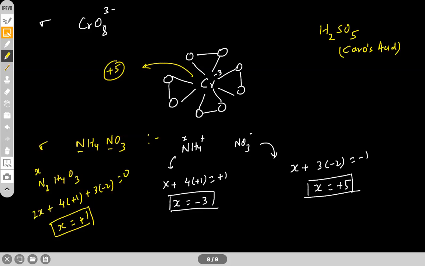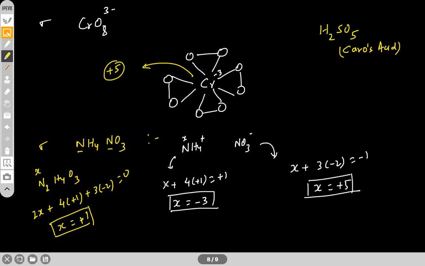Okay. So these are the examples we have discussed for how to find out the oxidation state. There are a few groups or ions on which you should know what the charge present is, like the sulfate ion. What is the charge on sulfate ion? It is -2.